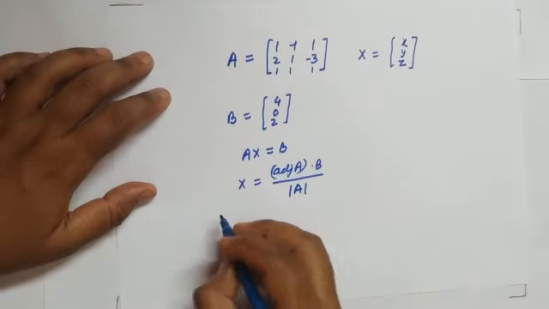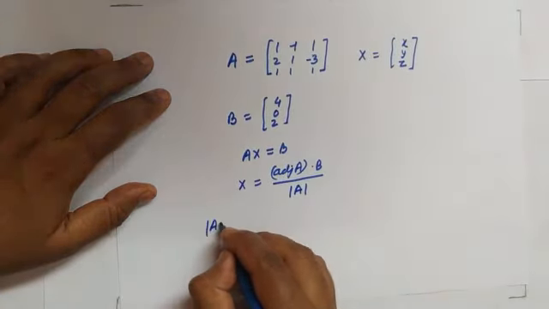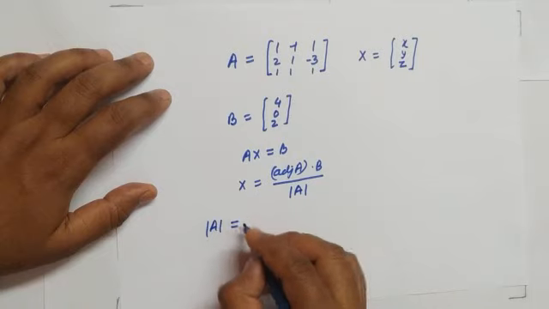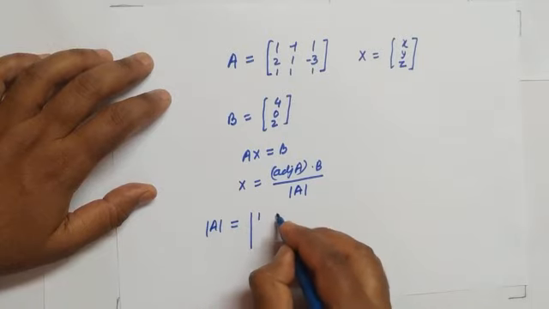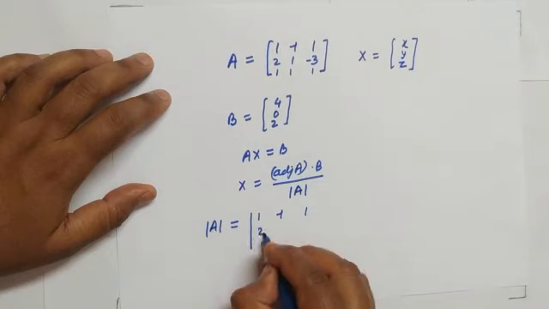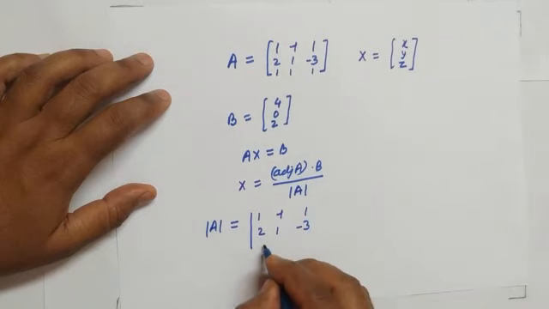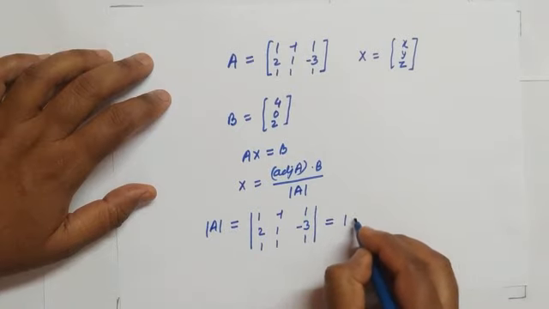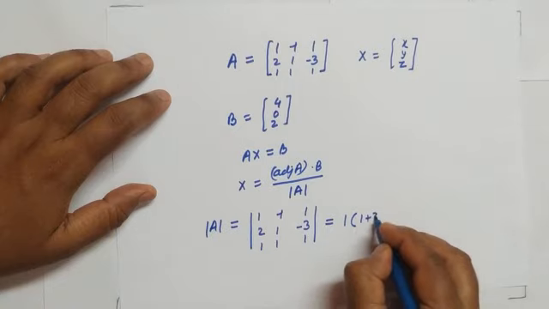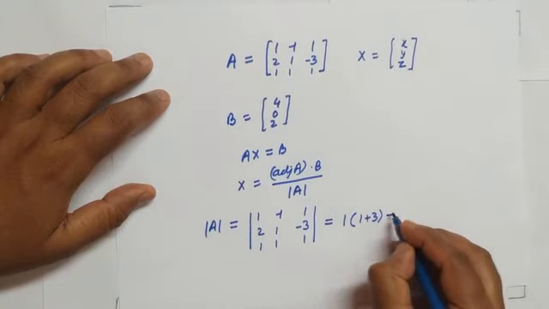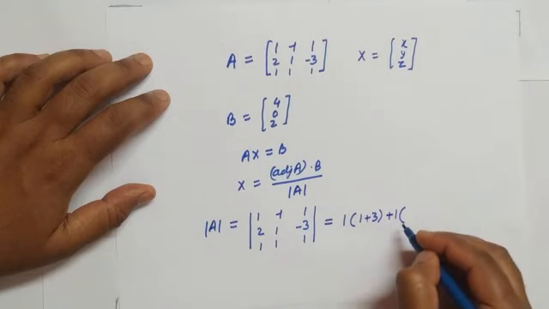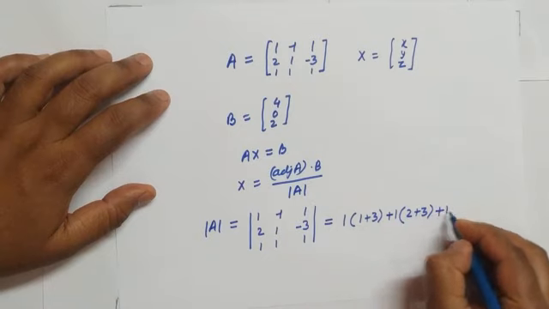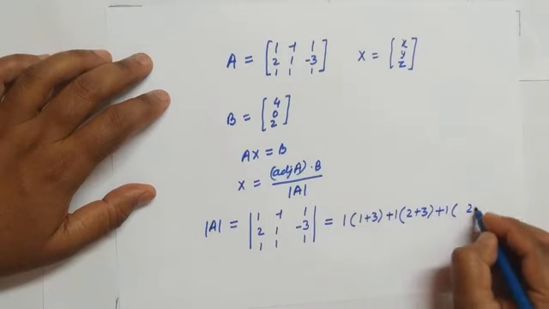Now at first we find determinant of A and see whether the system is consistent or not. Now determinant of A is equal to 1, minus 1, 1, 2, 1, minus 3, 1, 1, 1. Now see, this is equal to 1 times (1 plus 3) plus 1 times (2 plus 3) plus 1 times (2 minus 1).